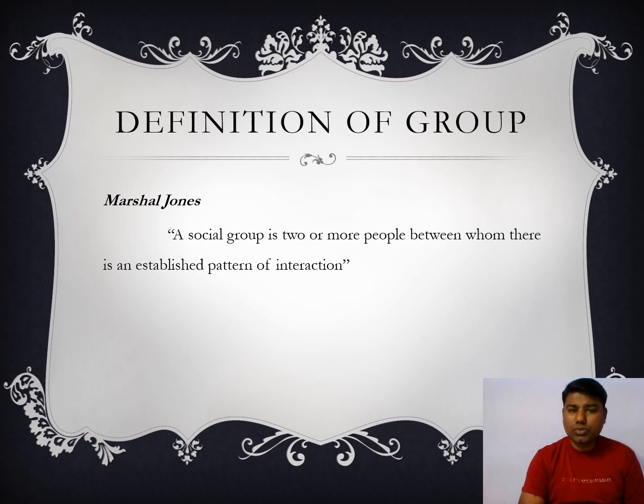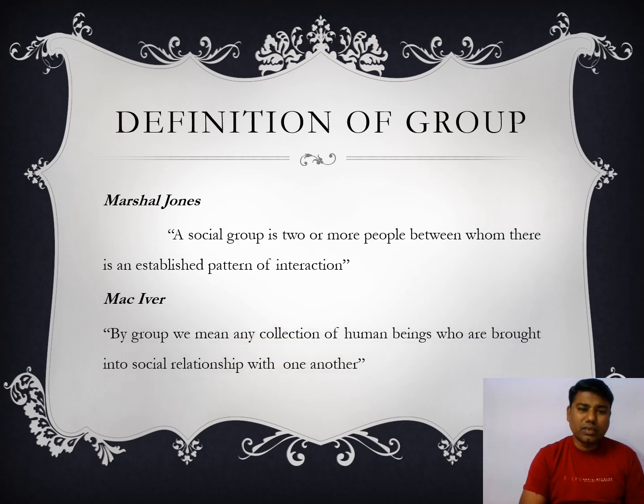Marshall Jones says that a social group is two or more people between whom there is an established pattern of interaction. MacIver says that by a group we mean any collection of human beings who are brought into social relationship with one another.